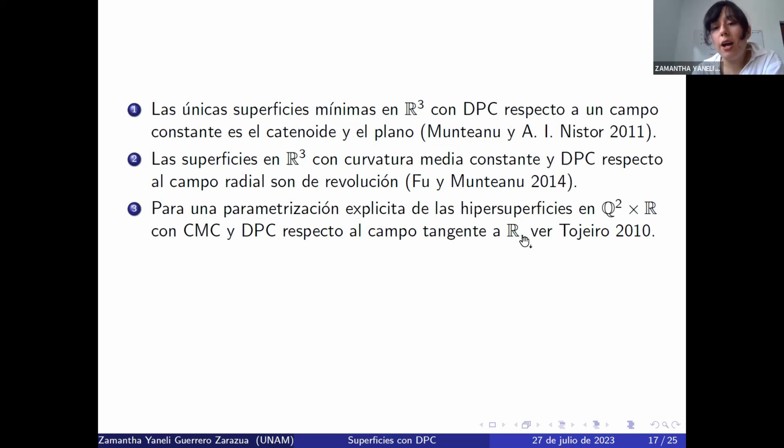Explicit parameterizations for hypersurfaces in Q2 cross R, here we're talking about space forms, with canonical principal direction are given by Tojeiro in 2010.